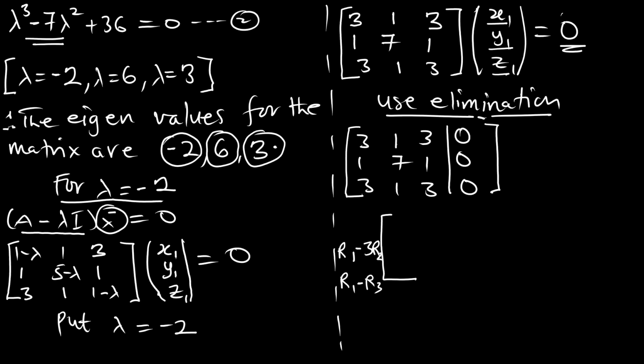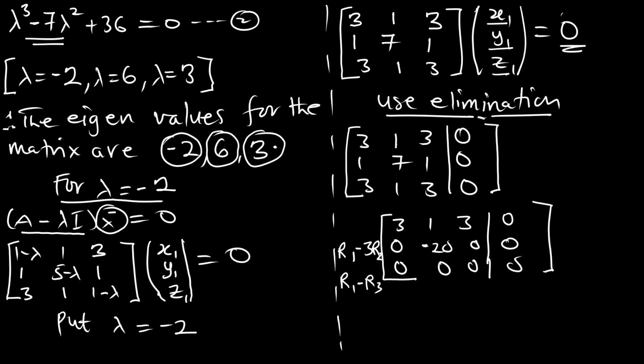So row 1 is going to remain the same, which is 3, 1, 3, 0. Row 1 minus 3 times row 2 is going to leave us with 0, -20, 0, 0. And row 1 minus row 3 is going to also leave us with 0, 0, 0, 0 in this form. Are we okay? So performing the row operation, this is what I have now.